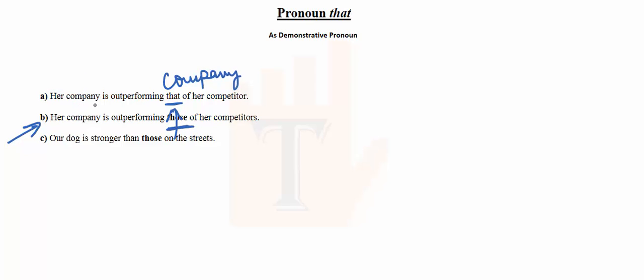Because those is a plural pronoun, so it must refer to a plural noun, but the noun mentioned here is a singular noun. So this is a wrong reference. The referent for this particular pronoun is not correct. Had it been companies, it would have been correct.